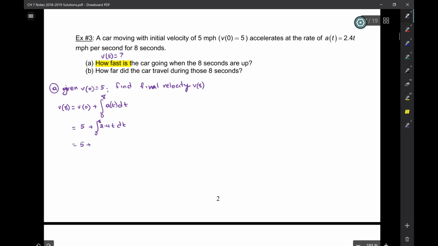That's going to be 2.4 t squared over 2, 1.2 t squared, from 0 to 8. So that's 5 plus 1.2 times 8 squared minus 0. And that is 81.8 miles per hour. Questions? Yeah.